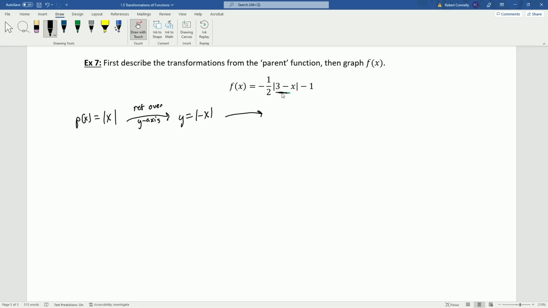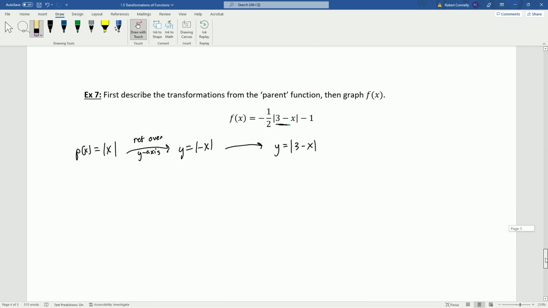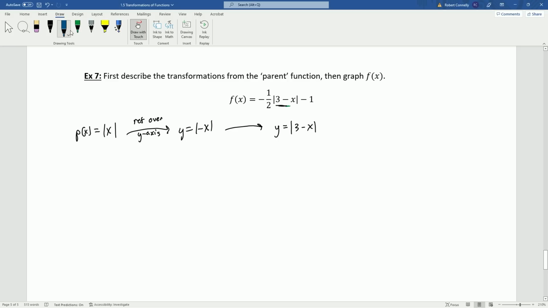Now we're adding something to this whole thing. And this is a perfect example of what I warned about before, which is that if you've got something other than +1 in front of your x, it can change how you interpret your shift here. So this is a shift, but if we solve 3 minus x equal to 0, that gives us x equals 3.